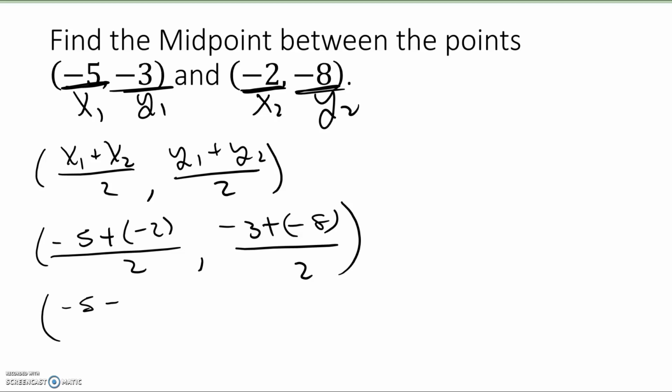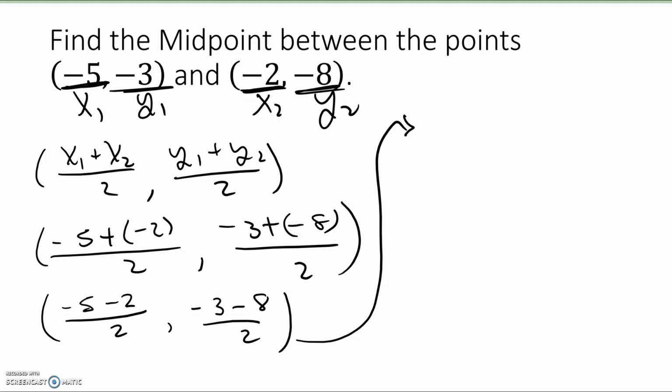So -5 minus 2 over 2, comma. Same thing over here. It's like a positive times a negative. So -3 minus 8 over 2. Let's come over here. -5 minus 2, they have the same signs, so it's like adding the numbers, keeping the sign. 5 plus 2 is 7, so -7, keeping that sign, over 2, comma.